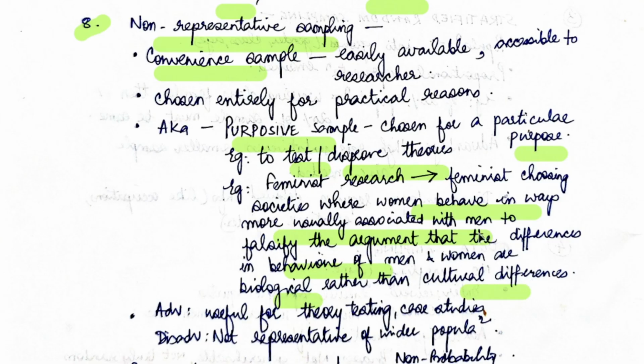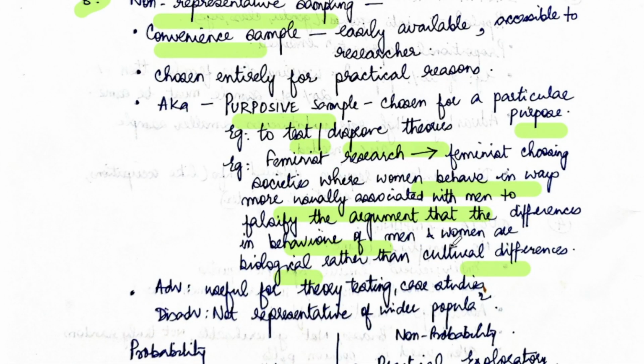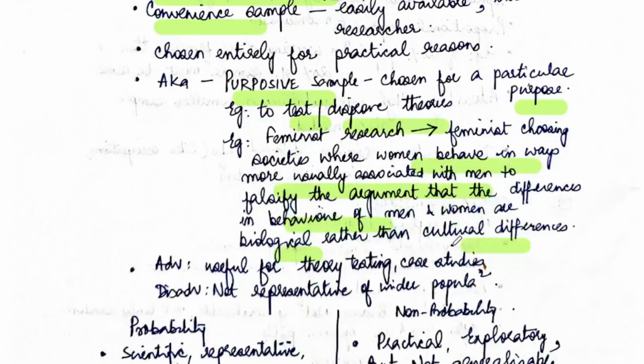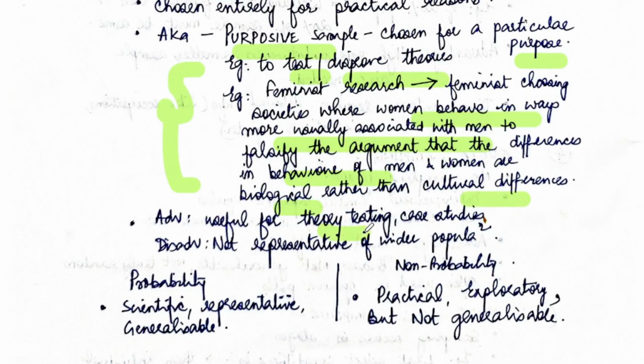For example, a feminist sociologist might choose a matrilineal tribe in, let's say, Meghalaya to study how gender roles operate differently, to challenge the notion that patriarchy is universal. So they are choosing those parts of society which are convenient for them. It has a certain purpose. So it is very useful for theory testing and for case studies, but again it is not representative of the wider population, and therefore cannot be generalized.